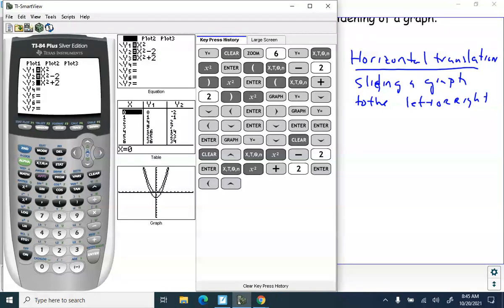Go ahead and turn off your y3. And go ahead and graph. Once again, you get your x squared first. Then we have the x squared minus 2.